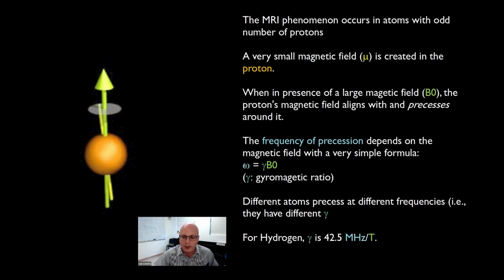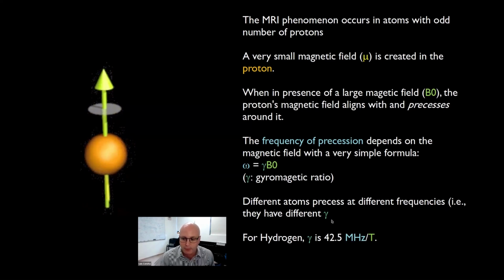So as you can see, the frequency of precession depends only on these two factors, and different atoms precess at different frequencies. That is, they all have different gammas. And really, for this talk and for 99% of applications in MRI, the gamma that we care about is that of hydrogen. And for hydrogen, gamma is 42.5 megahertz per Tesla.